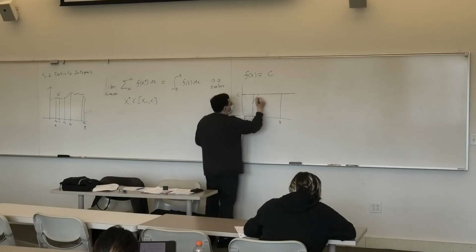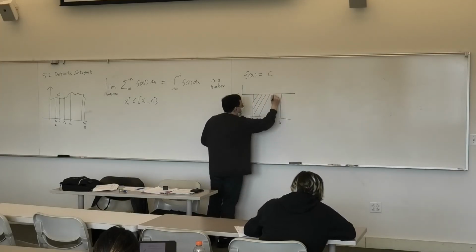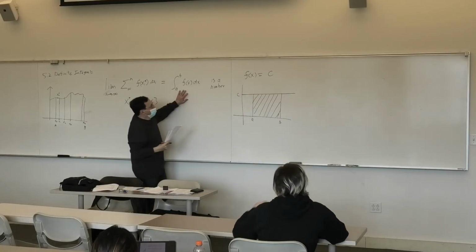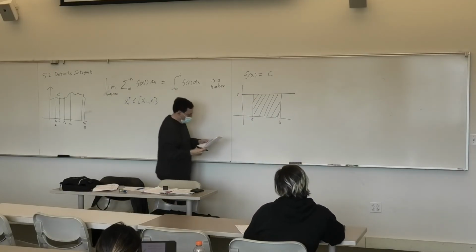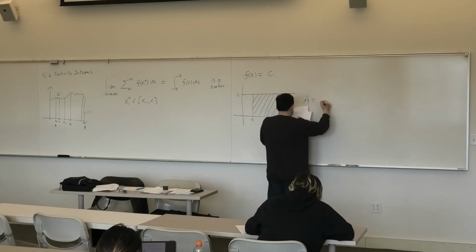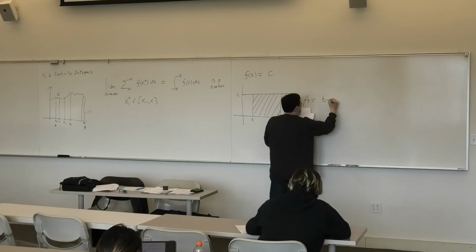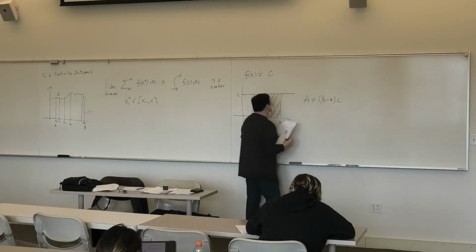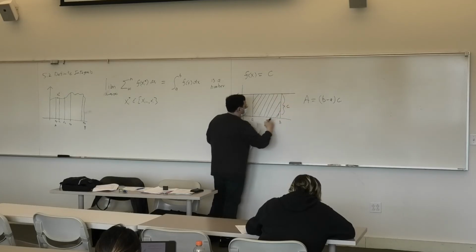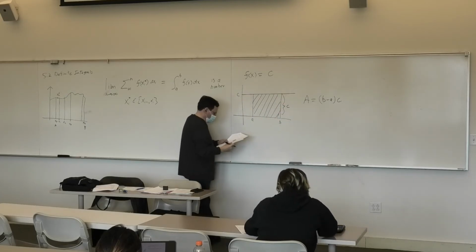So we want to know about this area here. We don't have to use this fancy definition. It's pretty obvious. The area is just going to be b minus a times c. This is the area of a rectangle. One side is c, and the other side is b minus a.